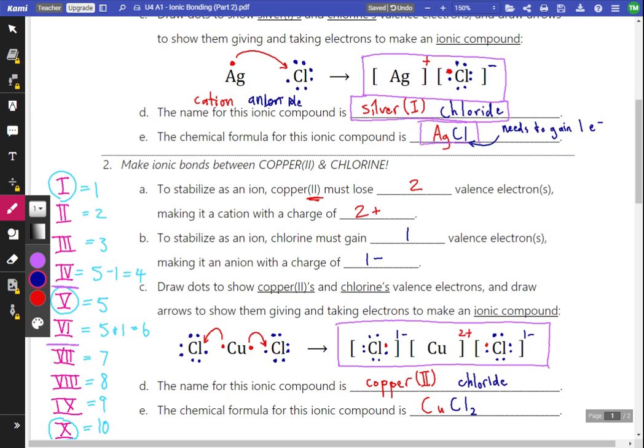If I needed to turn this around and figure out what CuCl2 looks like and how many electrons copper is giving up, I just need to know that each chlorine can only take 1 electron. So therefore, if I've got 2 of them, my copper must be giving up 2 electrons.